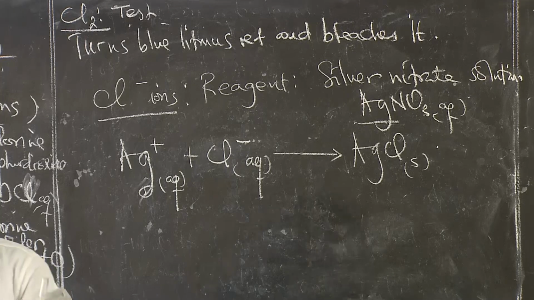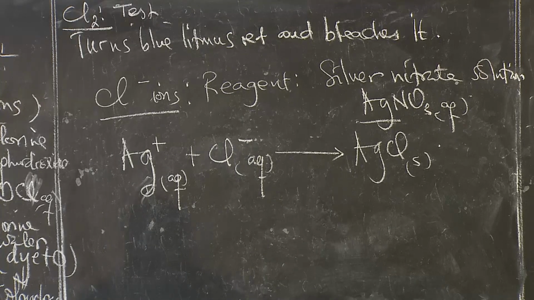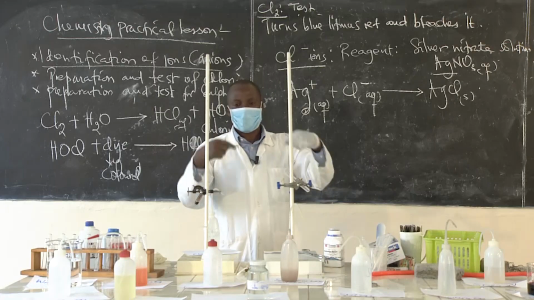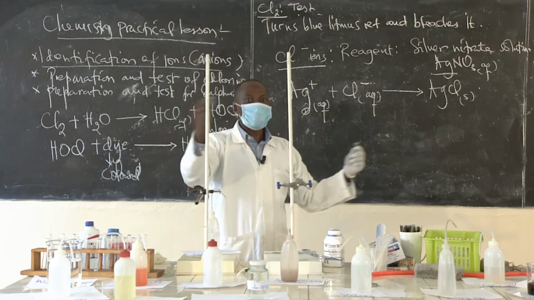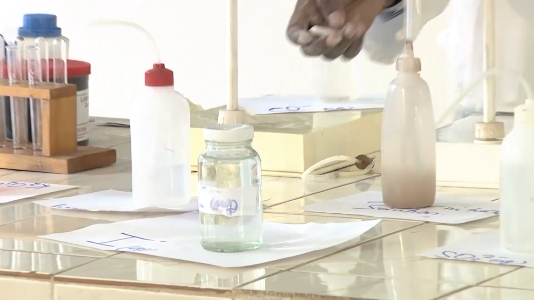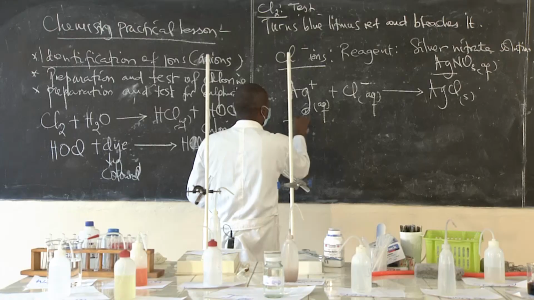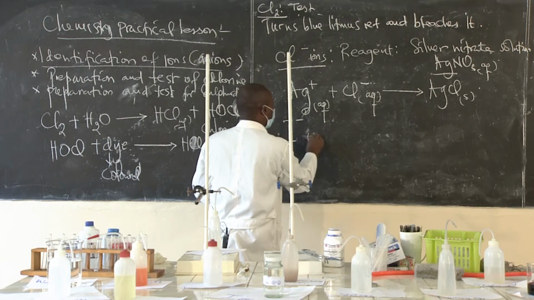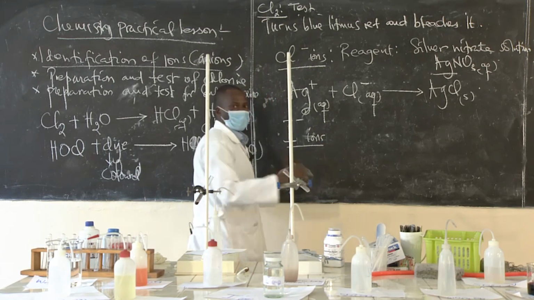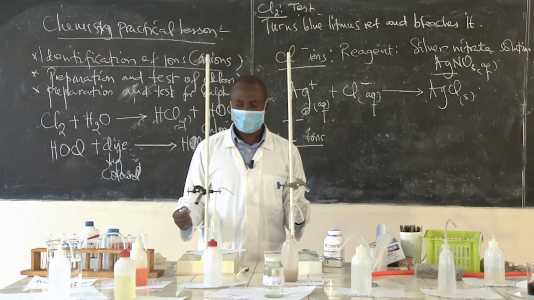So instead of only the silver ions, we can take advantage and also look at the ions of group 7. We have the iodide ions here with me. The same reagent, so we can take advantage and test for the iodide ions because they use the same reagent. That's why we are taking advantage of the silver nitrate present.